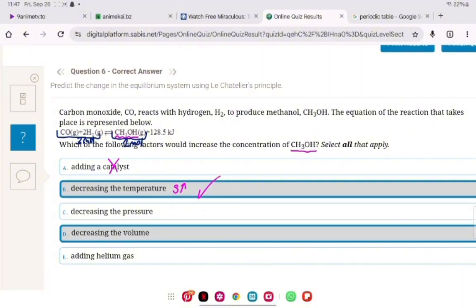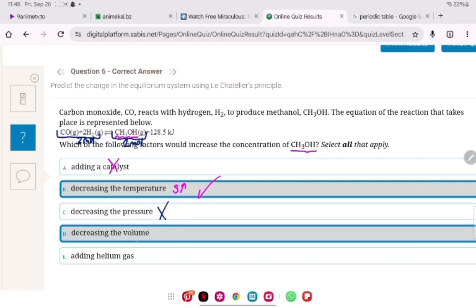So which side has more moles? The reactants have more moles, so it will go backwards, which will make CH3OH decrease. This is going to be wrong, because decreasing the pressure means going to the side with more moles, and CH3OH, which is the products side, doesn't have more moles.